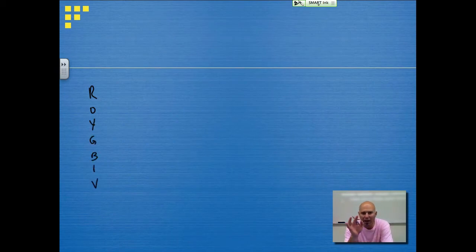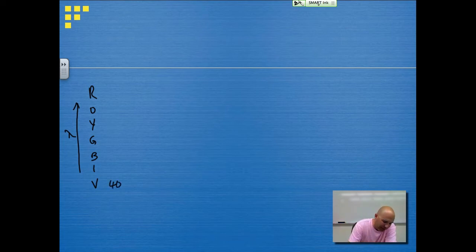So again, if we look at my spectrum here, we've got Roy G Biv, and again, the wavelengths are increasing as you go from violet to red. The violet wavelength is right around 400 nanometers. Okay, nanometers. Remember, a nanometer is times 10 to the -9 of a meter.